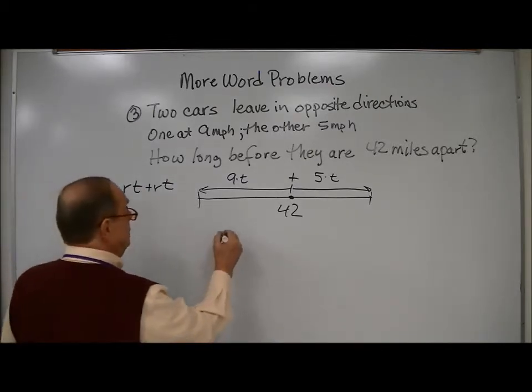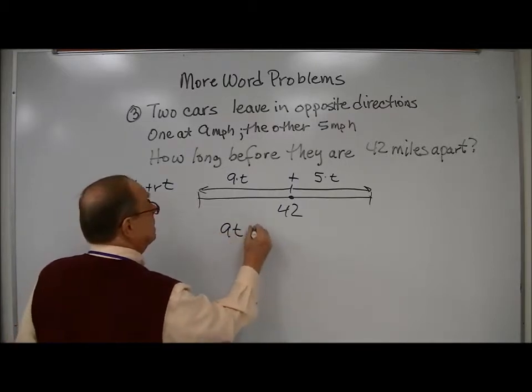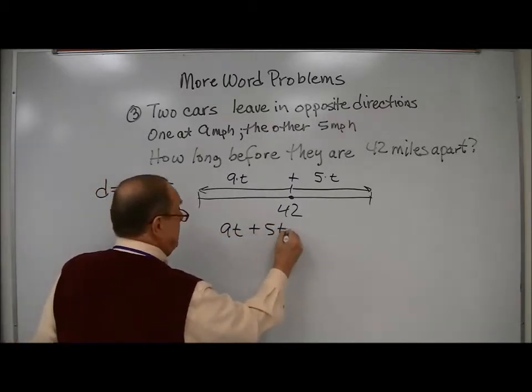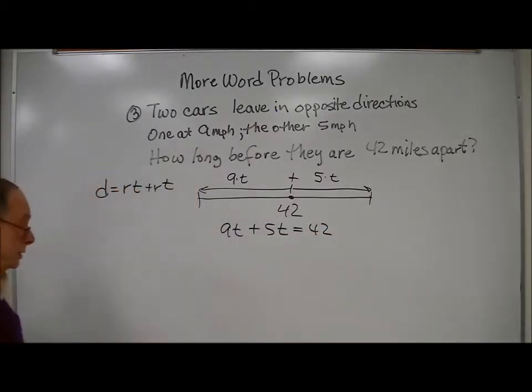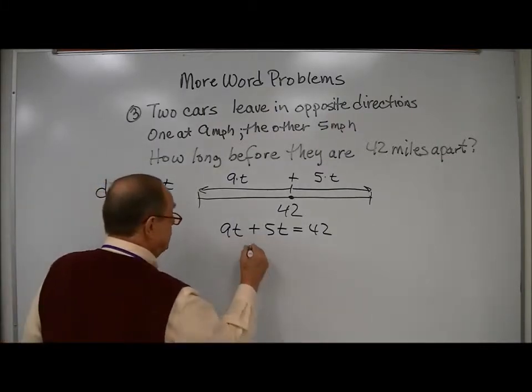So our formula will be 9t plus 5t equals 42. So we group like terms.